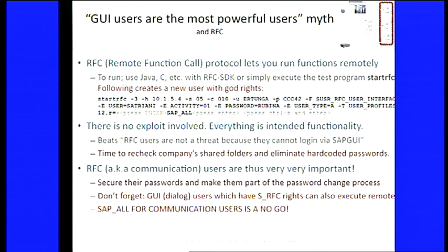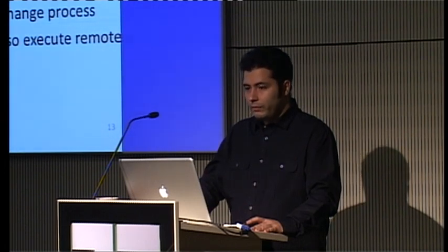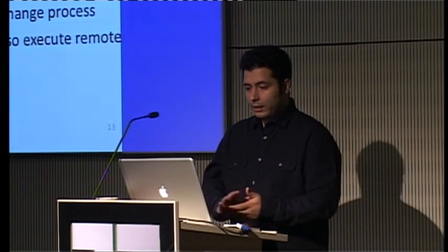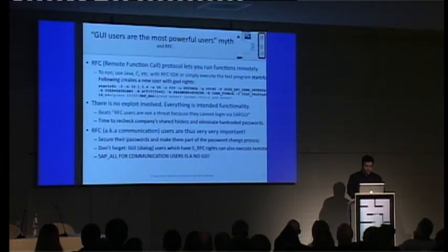And of course, if you look at the file shares and just browse for startrfc or similar commands in the Windows search in the company, you find a lot of scripts which are using these kind of remote calls. If you are at such a company, you really need to tighten and eliminate these scripts.